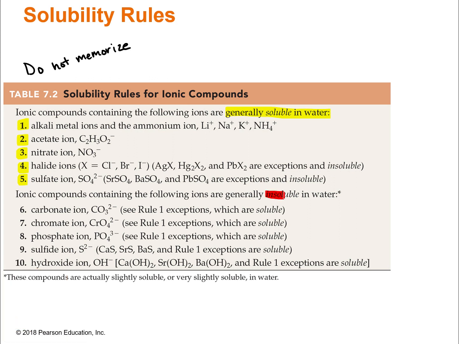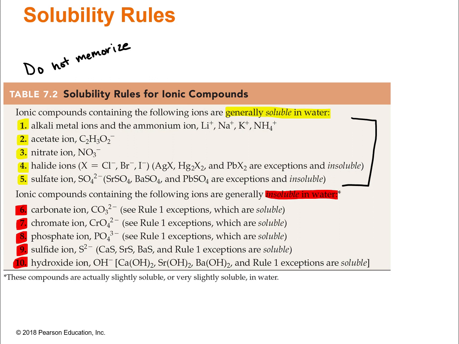Then we've got 6 through 10, which are insoluble in water. That red is angry, isn't it? That's why I used it. Insoluble, angry. So the first 5 rules, we're talking about things that are soluble.